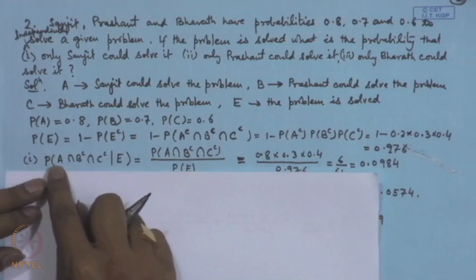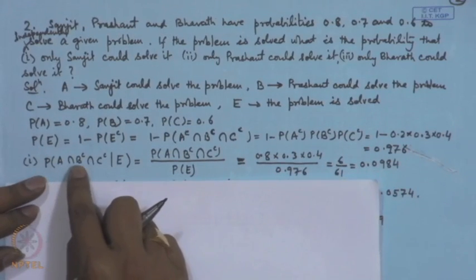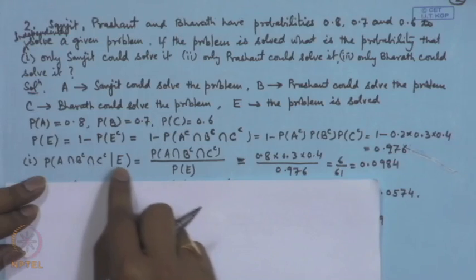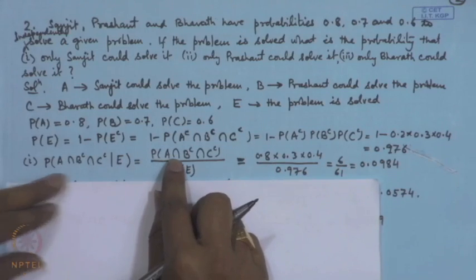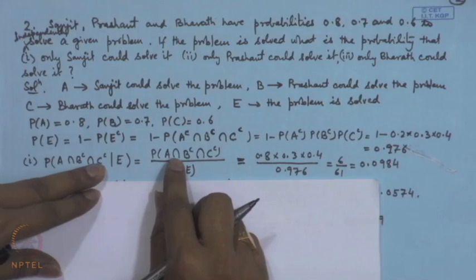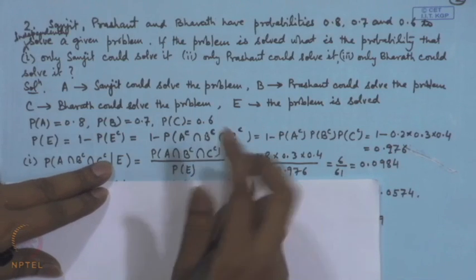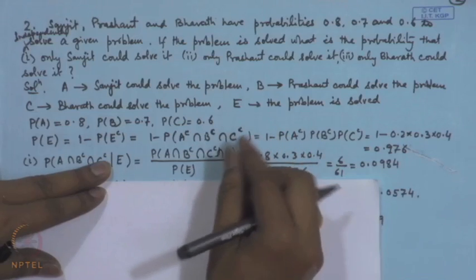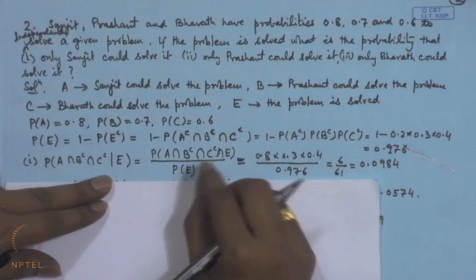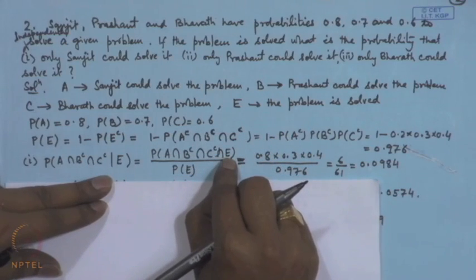So, probability of A intersection B complement intersection C complement given E is equal to probability of A intersection B complement intersection C complement intersection E, divided by probability of E. But what is the event E?